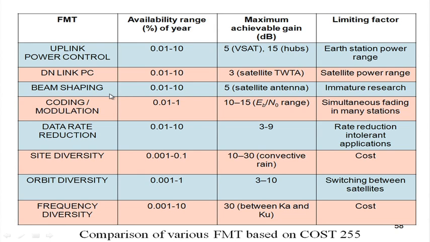Now beam shaping is at idea level only. Till now very few people have experimented with it commercially; at least I am not aware of any. It means that during the fade you change the pattern of the antenna itself, so that the areas which are getting the fade or rain get larger antenna gain by shaping the antenna beam.